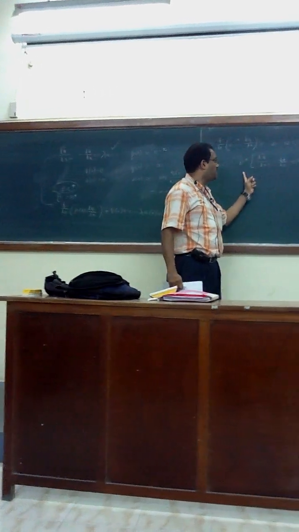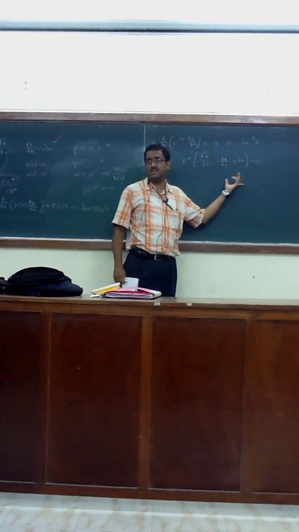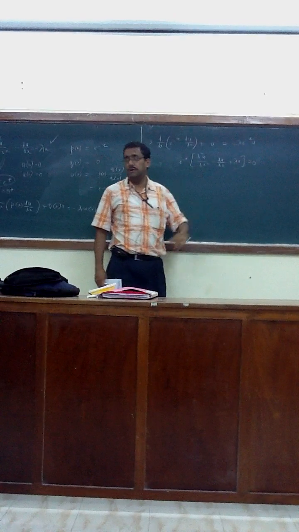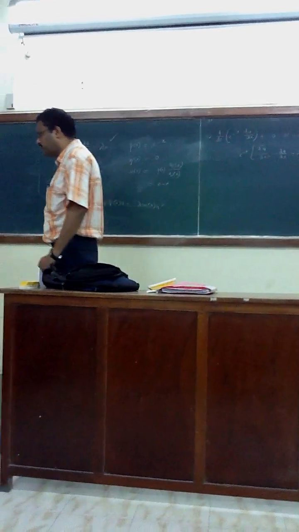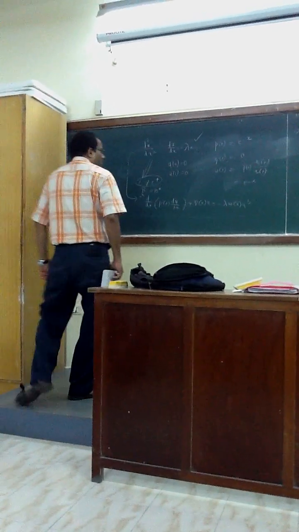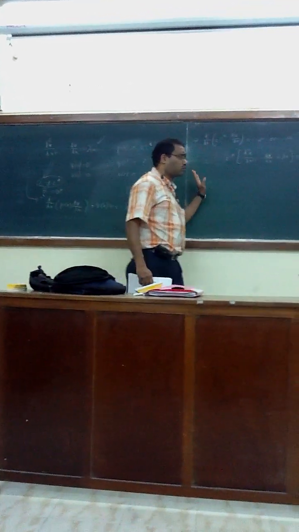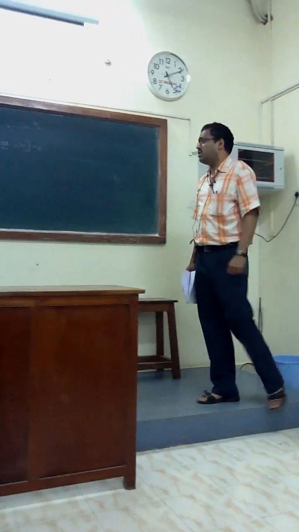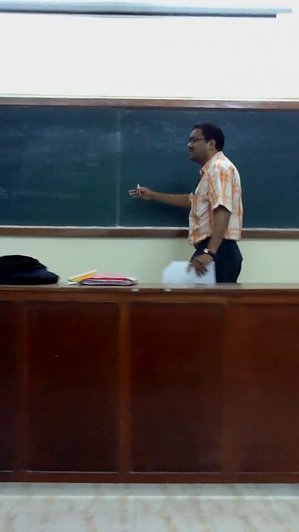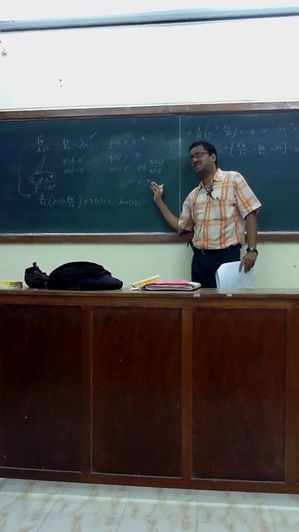If you multiply by e to the power minus x, it's magic. This entire thing will become self-adjoint. That means the eigenfunctions for this kind of operator will be orthogonal with respect to a weighting function. Why? Because Wx is not 1 here. Wx is e to the power minus x.